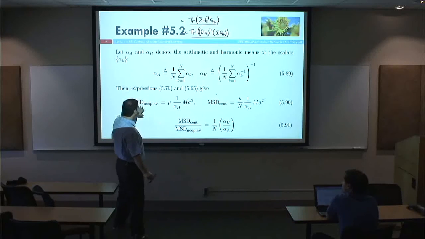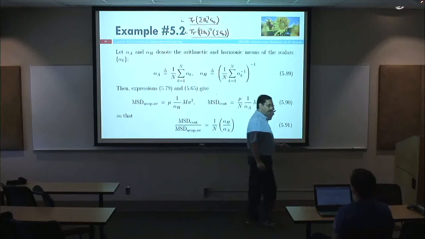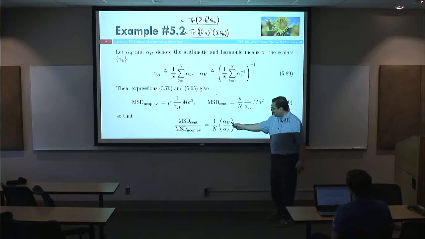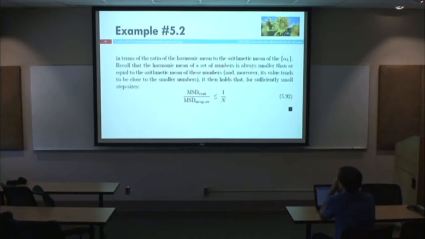Smaller. So if you divide this by that, you'll find that the performance depends on the ratio. Okay, and because the harmonic mean, right? So you can see here that the harmonic mean is always smaller than the arithmetic mean, right?